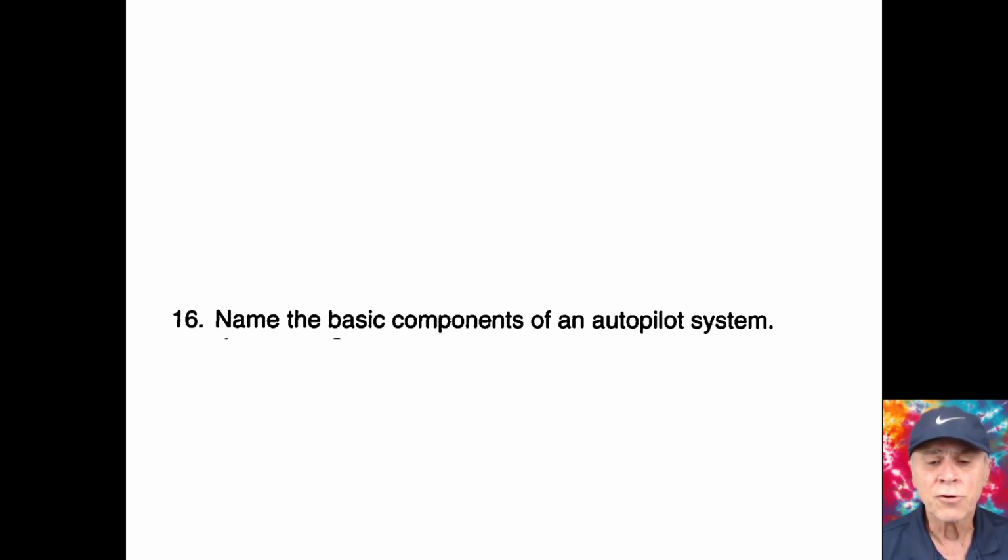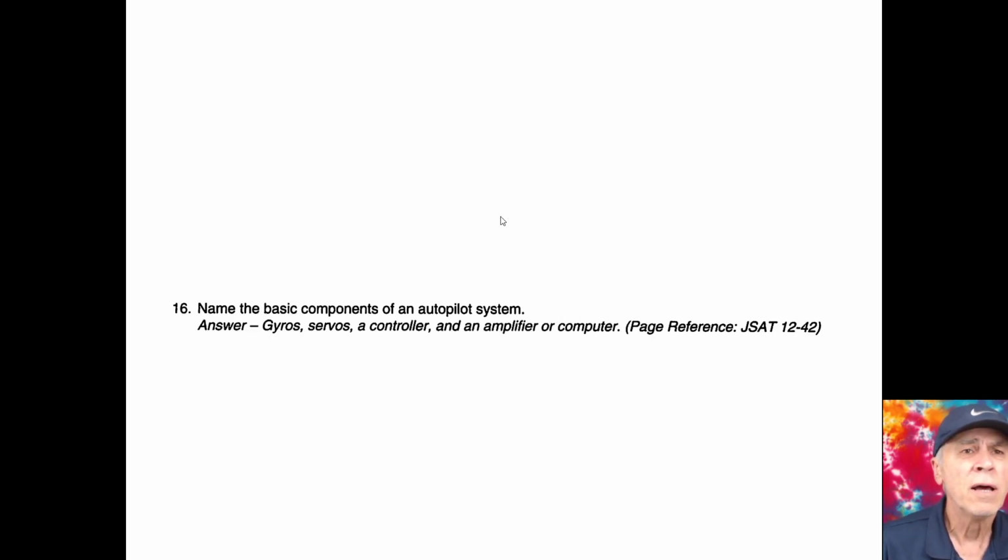You have a control panel that's usually in the cockpit, and then you have the servos, or the actual actuators. That's probably all they need. Gyros, servos, a controller, and an amplifier. Again, didn't use the amplifier word.